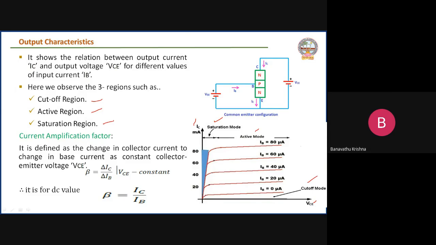In the cutoff region, as I told you in the previous slide, both junctions are in reverse bias condition. This is junction 1 and this is junction 2.